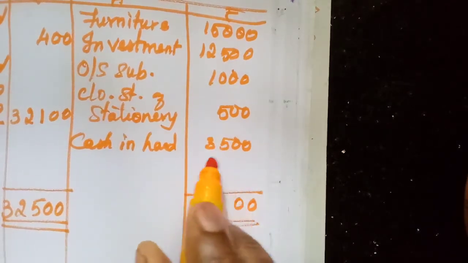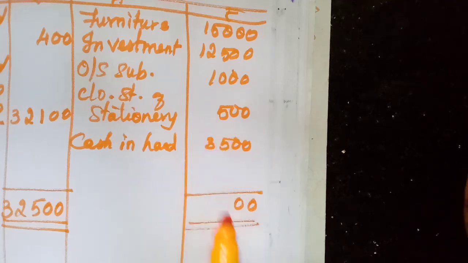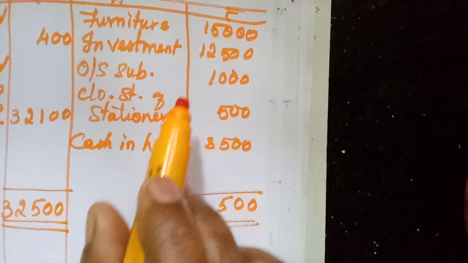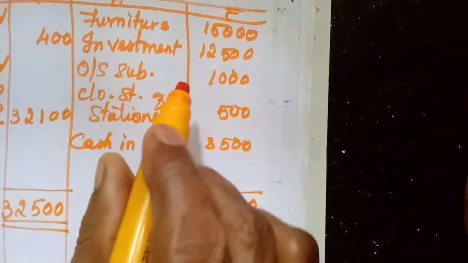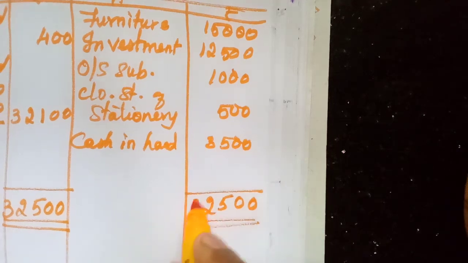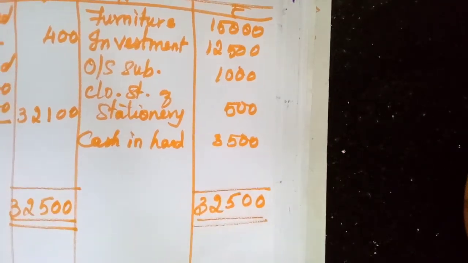Zero, 0, 5 plus 5, 10, 10 plus 5, 15, balance 1, 4, 5, 7, 12, balance 1, 2, 3. Okay, 32,500 we have got.